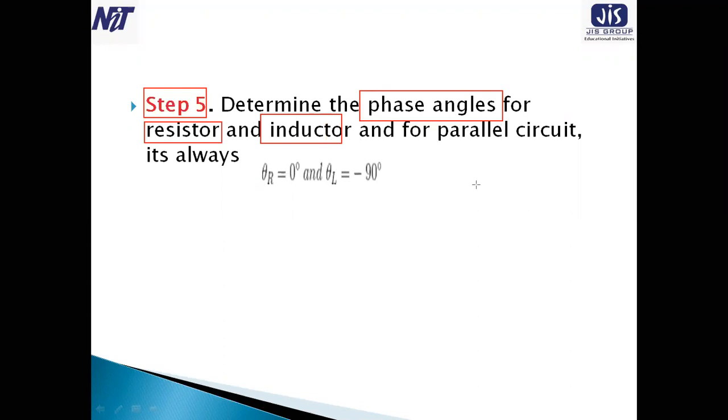The phase angle for the resistor, phi R, is obviously 0 degree, because for a resistor the current and voltage are always in the same phase. For an inductor, the current always lags 90 degrees behind the voltage, so the phase angle of the inductor, phi L, equals minus 90 degree.